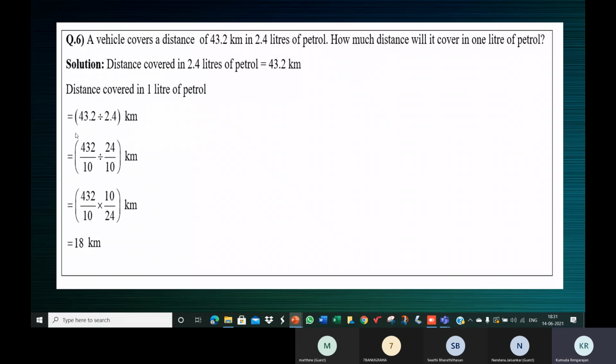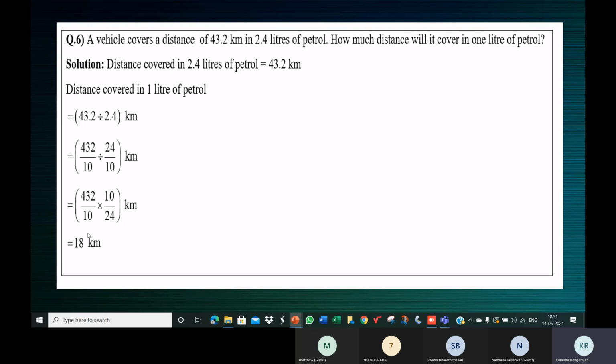When you have to divide a decimal by another decimal, we need to convert them to fractions first. So 432 by 10 divided by 24 by 10. Then division becomes multiplication and we take the reciprocal of the second fraction. So 10 by 24. 10 in the numerator and denominator will get cancelled. 432 by 24, you can simplify by 2 and then again by 2 and then by 3.